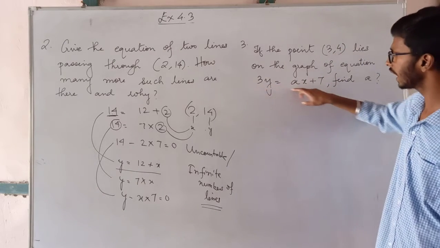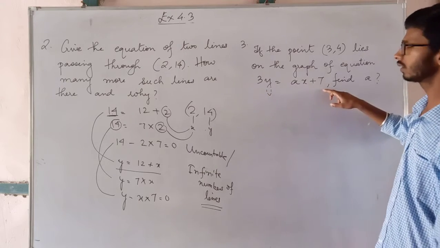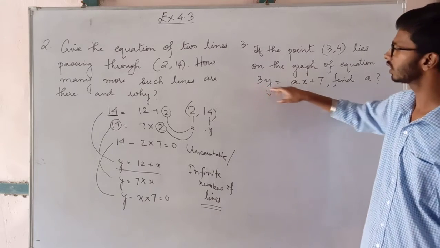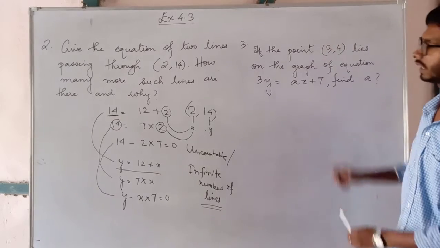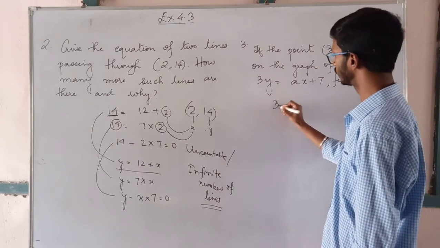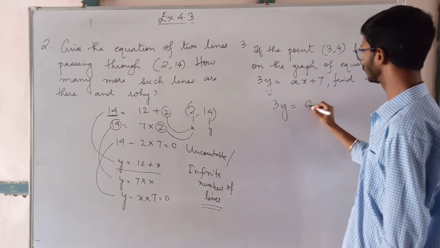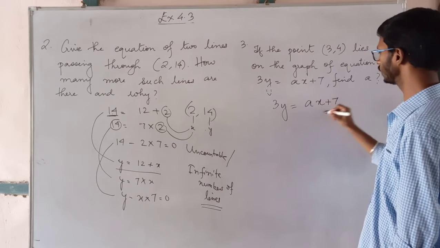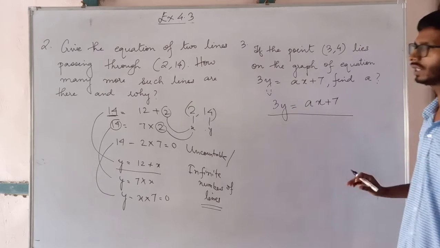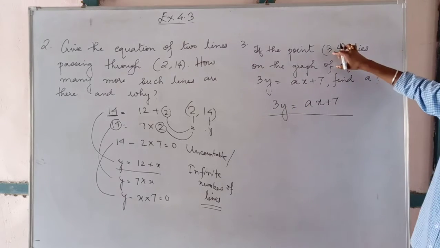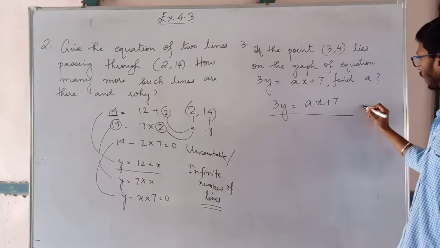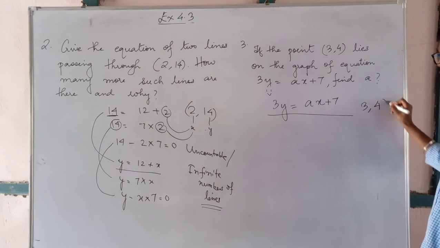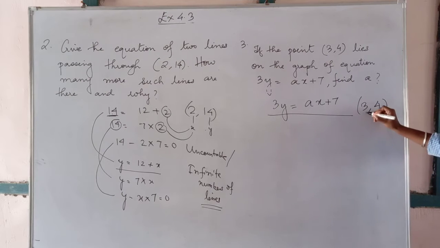That means this linear equation 3y = ax + 7, in two variables, passes through this point (3, 4). So we can say this value is x and this value is y.